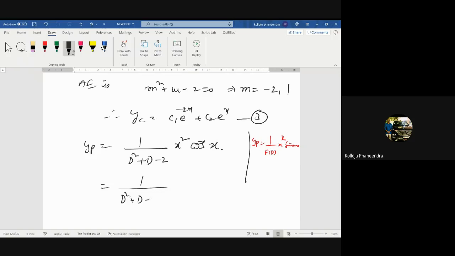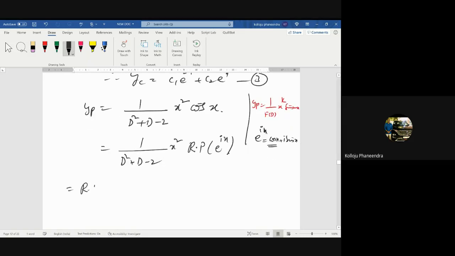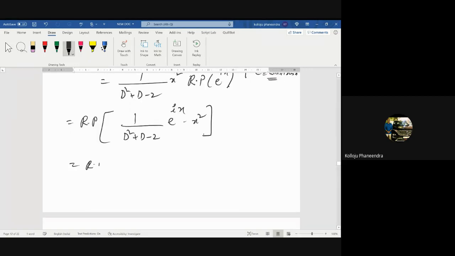I have to convert this to the real part of e power ix. E power ix means cosine x plus i sin x. So take the real part in front: real part of 1 by D square plus D minus 2 into e to the power of ix into x square. Now operate e power ix: replace D by D plus a.